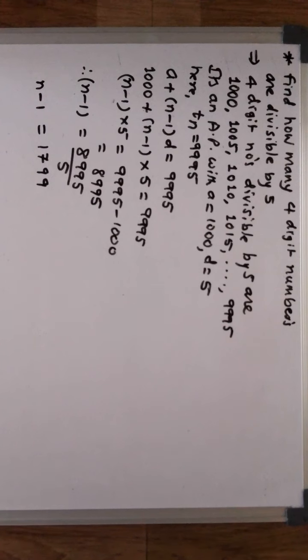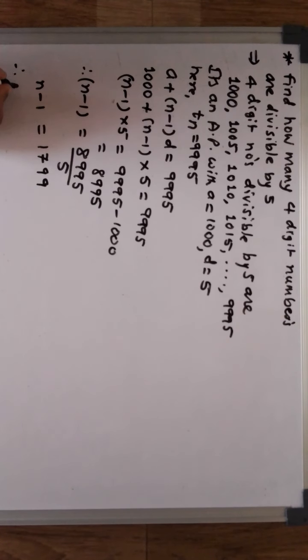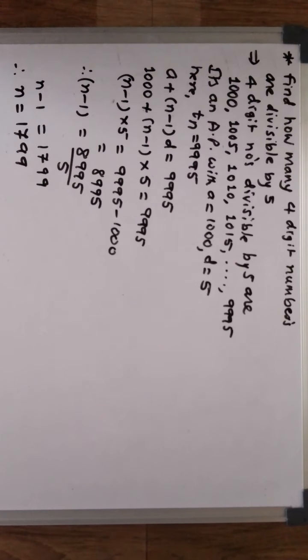Again 4 remains, 49, 5 9s are 45, again 4 remains. So this minus 1 goes to that side, so it becomes plus. So you get here, therefore, n is equal to 1799, right?